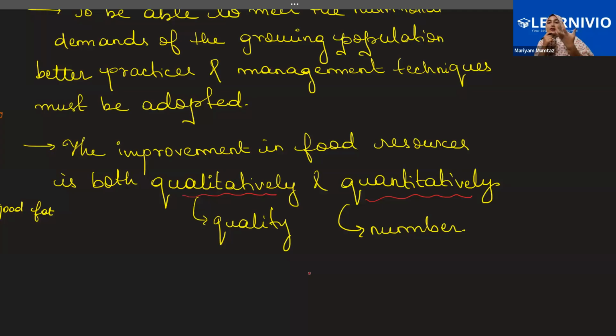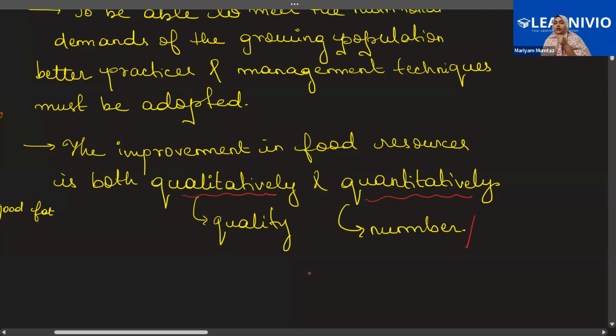We can make better crops that are good nutritionally for our body. So we can improve the food resources qualitatively, meaning in terms of quality, and quantitatively, meaning in terms of the amount or number that is produced.